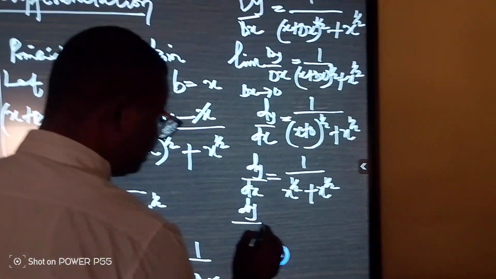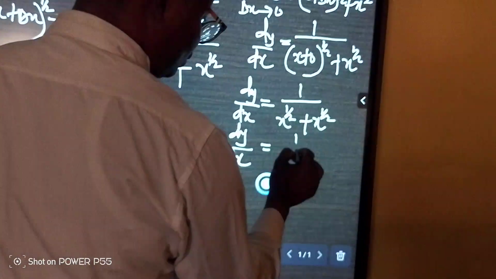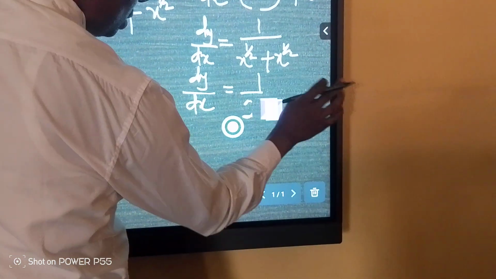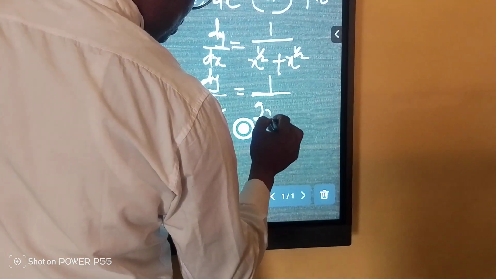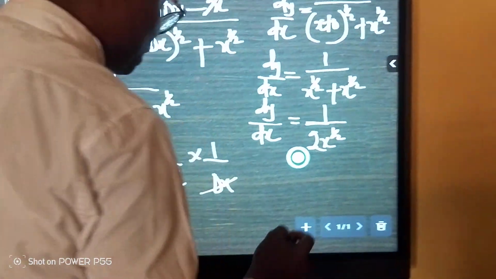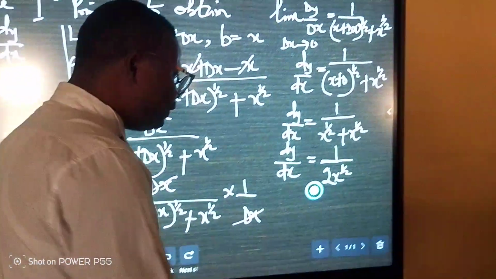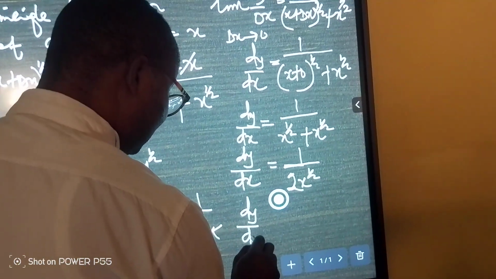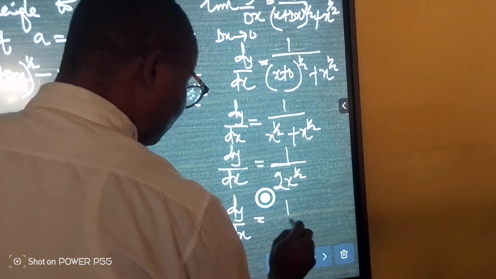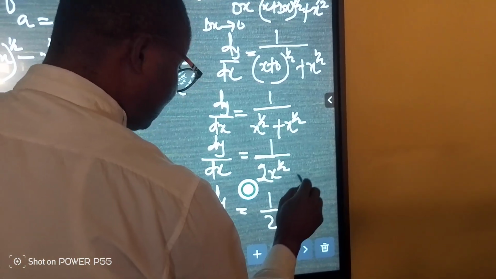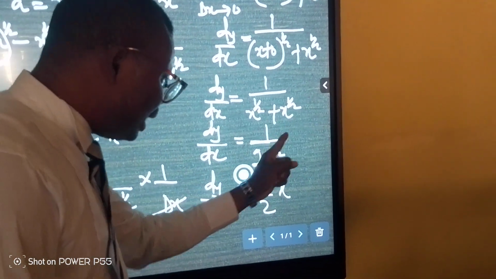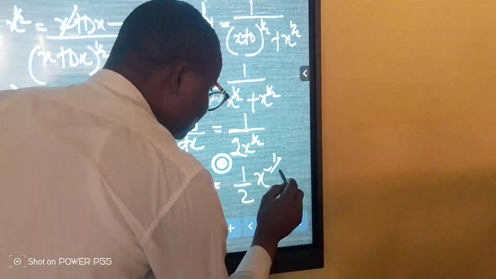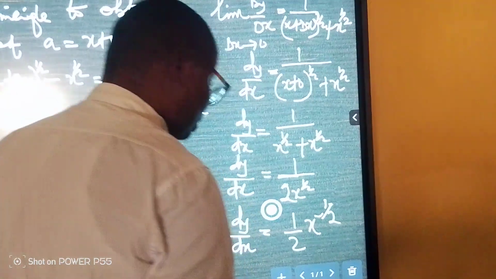And it's the same thing as dy over dx equals 1 over 2x raised to the power half. And mathematically speaking, from the law of indices, this is the same thing as saying dy over dx is going to be 1 over 2 times x raised to the power half, then by the rule of indices it becomes x raised to the power minus half.